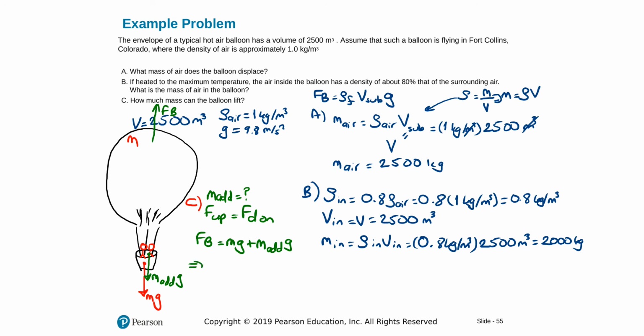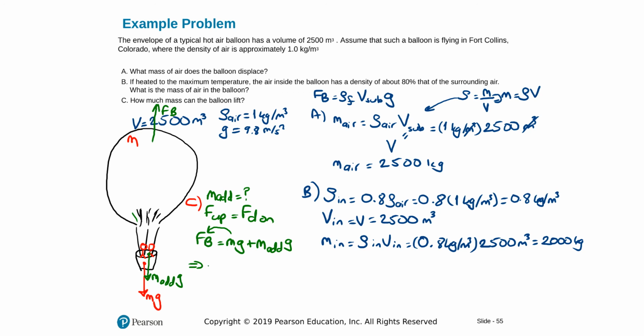If you are going to ride a balloon or operate a balloon, you will have to take this into account. I'm going to solve for m add, the added mass, first, and then put in the numbers. We have all the numbers given. First I'm going to take this term to the other side and rearrange, leaving this on the left hand side.